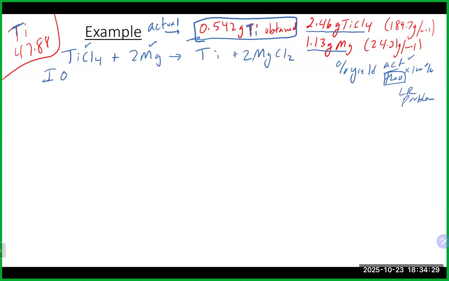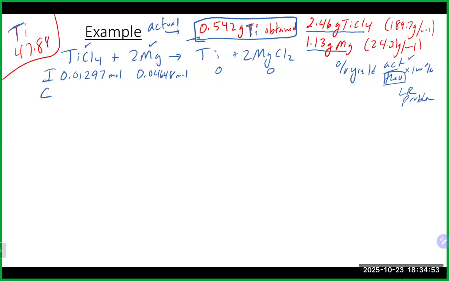I'm going to do the ICE table approach here so you can see it one more time or so. 2.46 divided by 189.7 is our starting moles there. And for magnesium, 1.13 divided by 24.31 is going to give us 0.04648 moles. This is going to be 0 and 0.